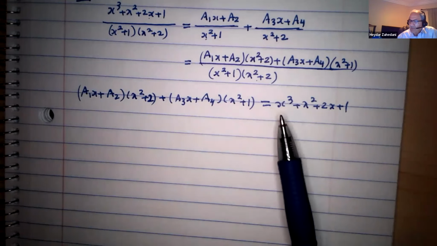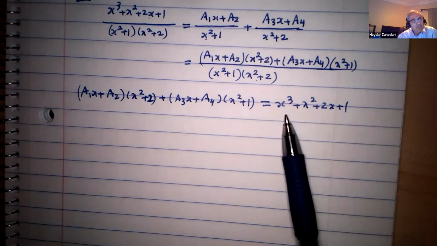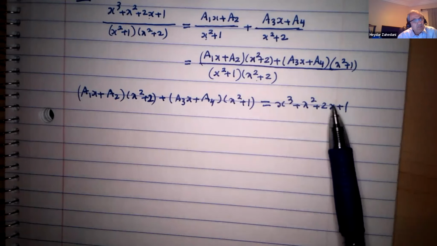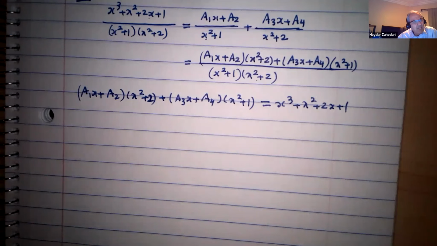You see, this is a polynomial, a combination of powers of x. So what you can do is simplify this one, do the multiplications, and write it down as a polynomial. You get x cubed, x squared, x, and a constant. Polynomials are equal to each other if they have the same coefficients.